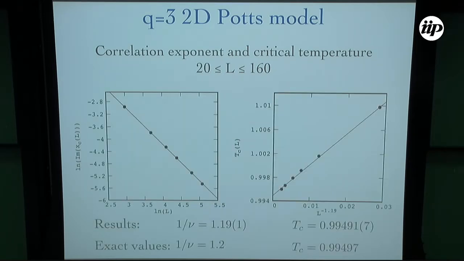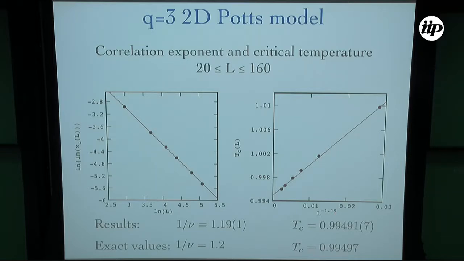Using this approach, and 2 or 3 iterations depending on the details of each lattice size, we see that the log-log plot of the imaginary part of the zeros gives this really nice straight line with an exponent 1/nu equal to 1.19, while the exact value is 1.2, for lattice sizes between 20 and 160.